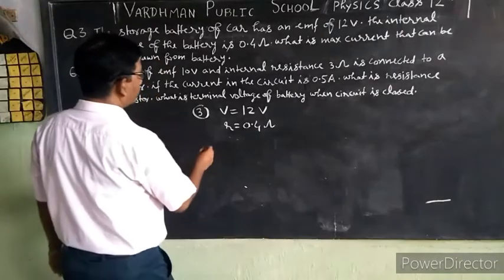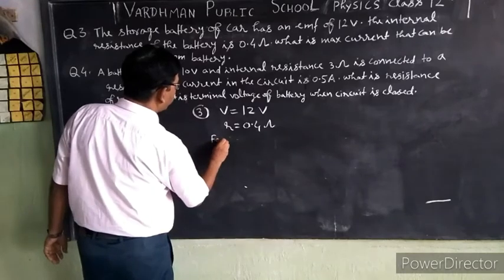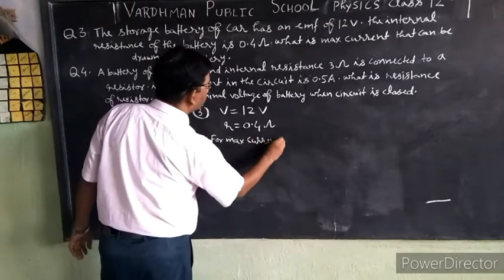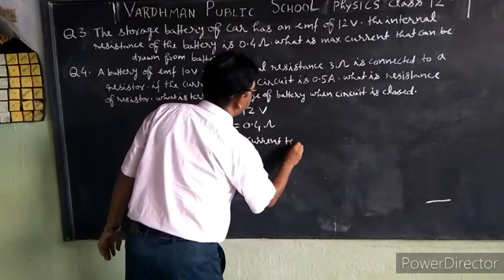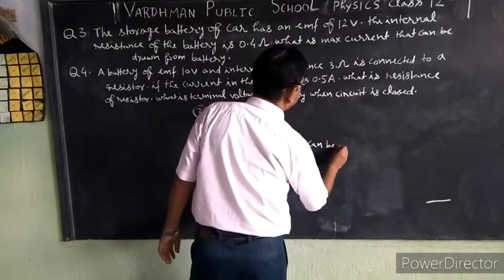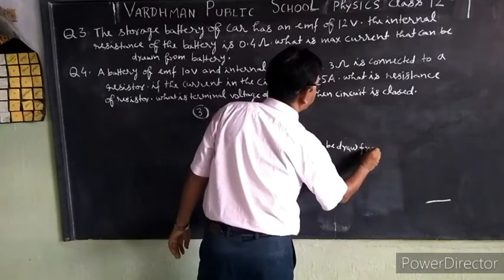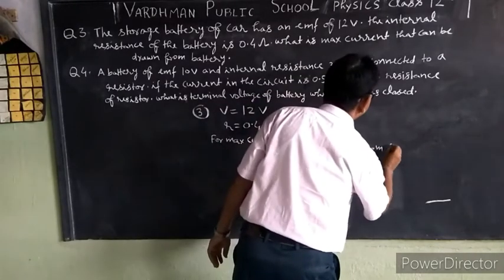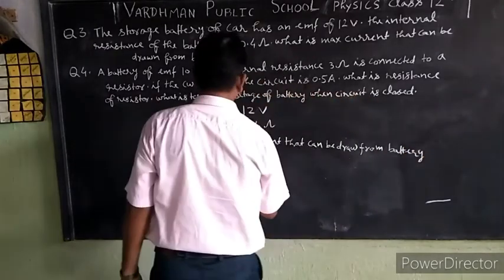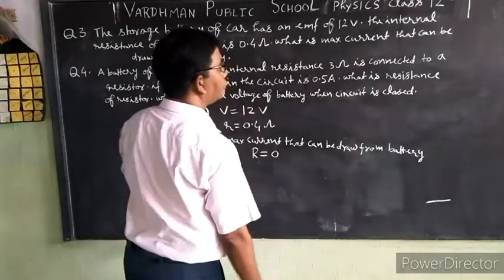For maximum current that can be drawn from the battery, the external resistance capital R must be 0.